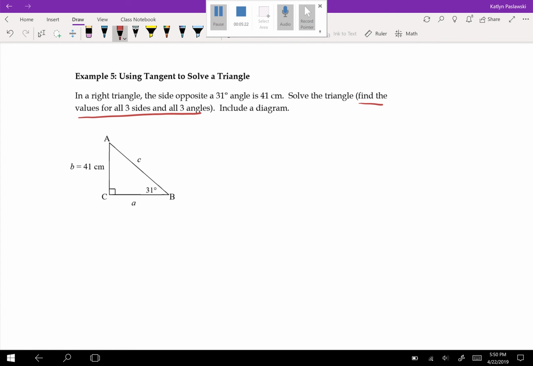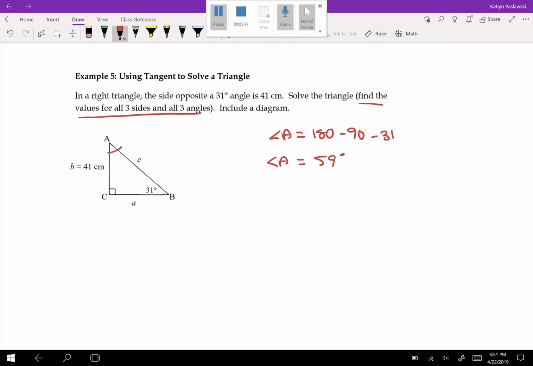Now we can use the 180-degree rule to solve for angle A. So angle A is equal to 180 degrees minus 90 degrees, which is our right angle, minus 31. This gives us the value of 59 degrees for angle A. We now have all three angles solved.